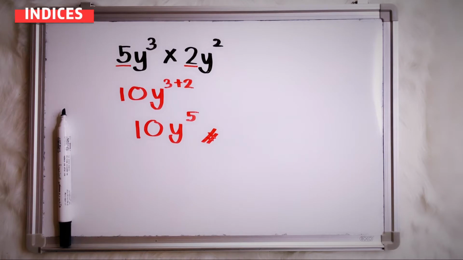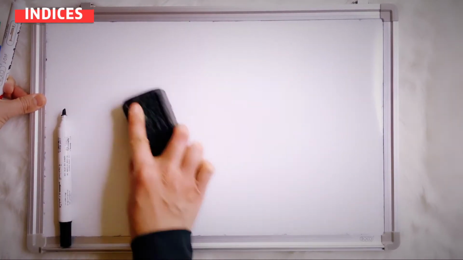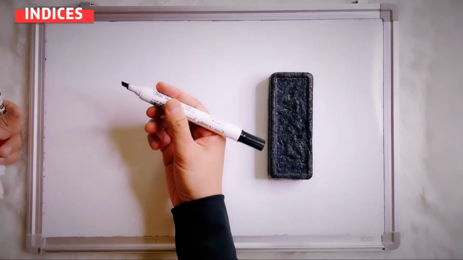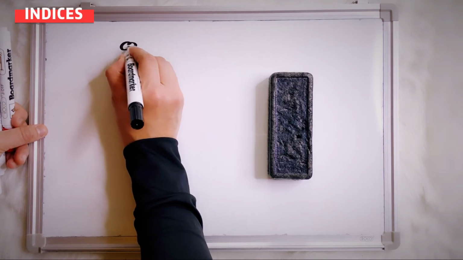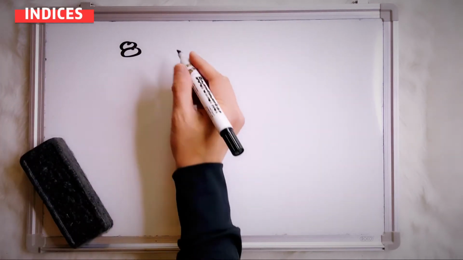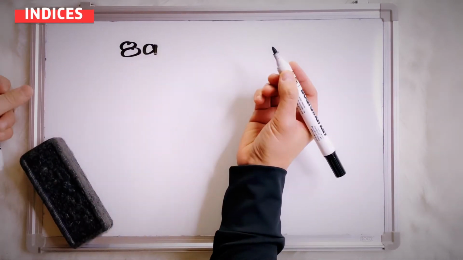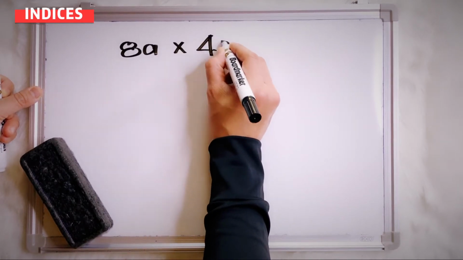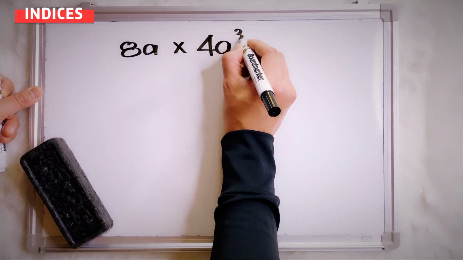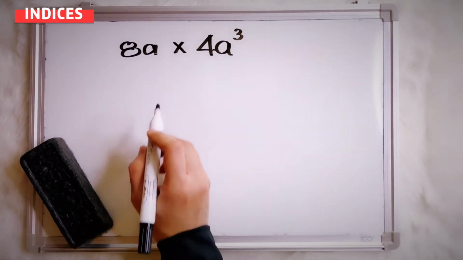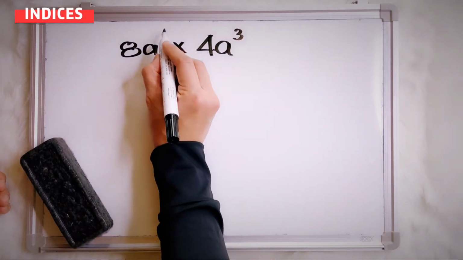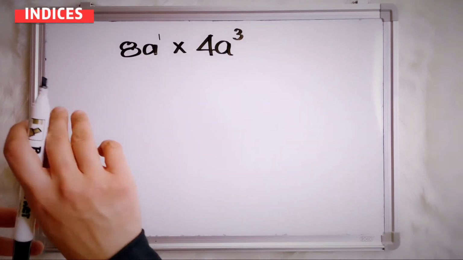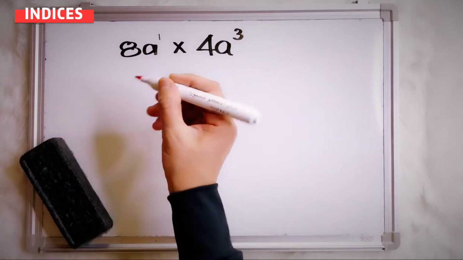Now next. Let's say I give you 8a multiply with 4a power of 3. So now this one means 1. Alright? Settle number first.